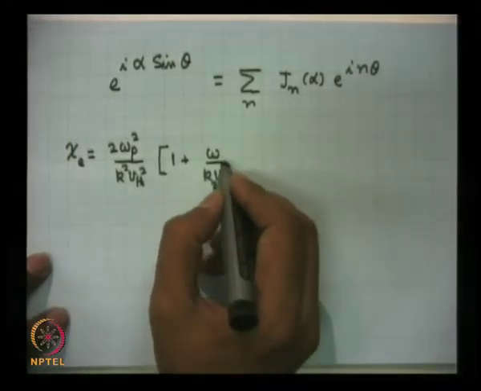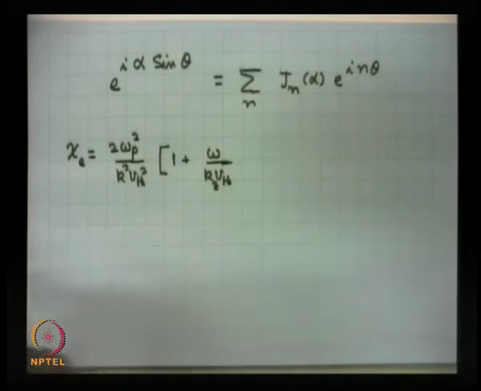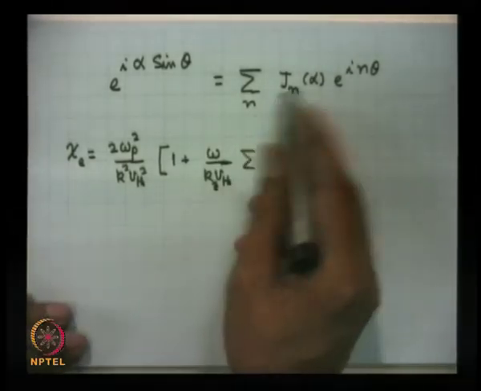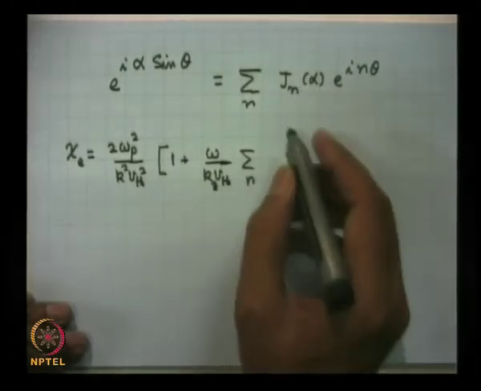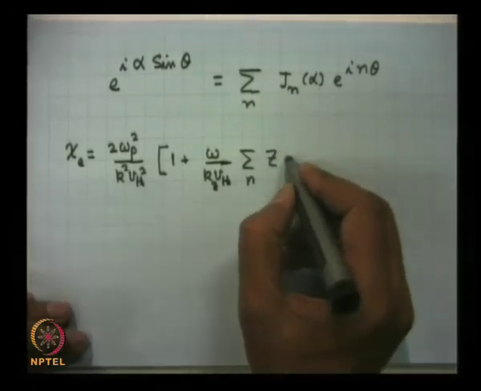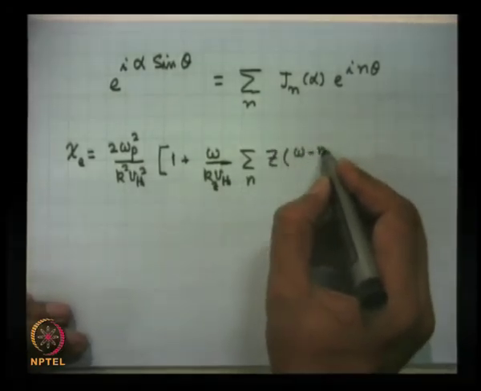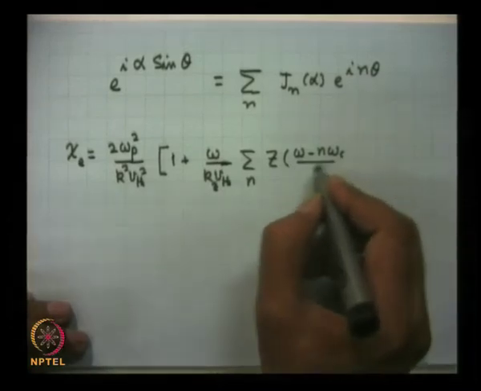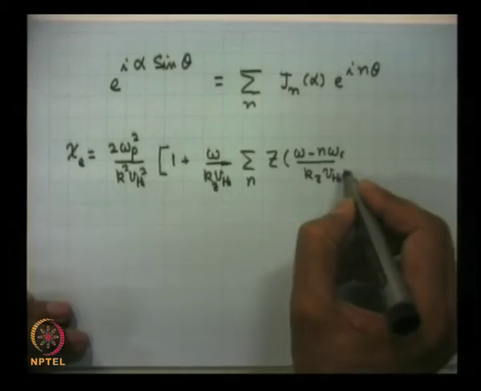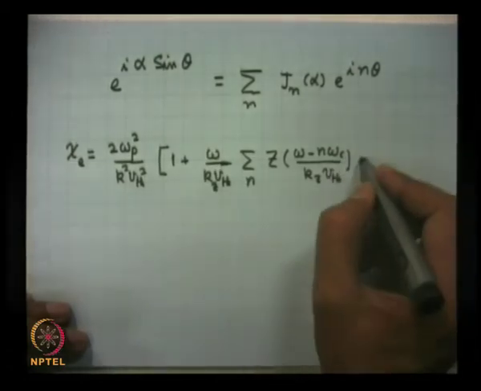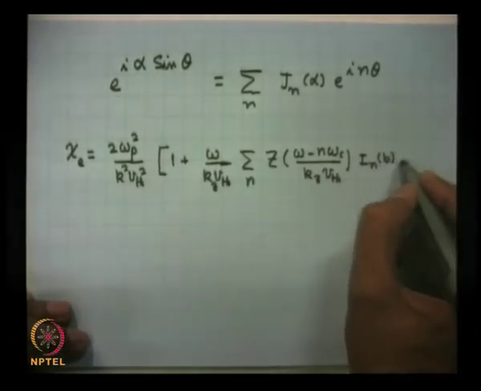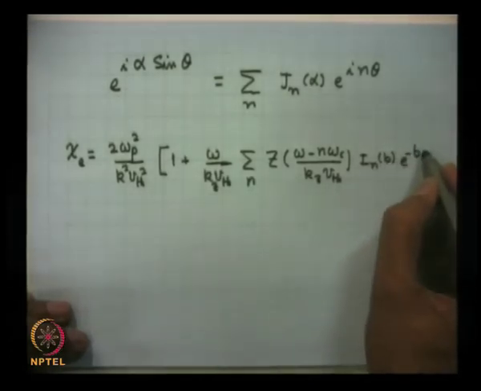This I am writing for a uniform plasma, multiplied by summation over n arising because of this, and there is a Z function of omega minus n omega c upon kz v thermal of electrons, into a modified Bessel function of order n, argument b, exponential minus b.